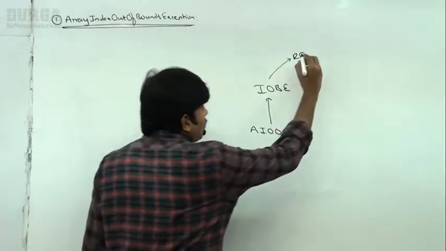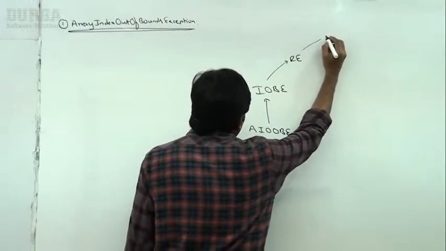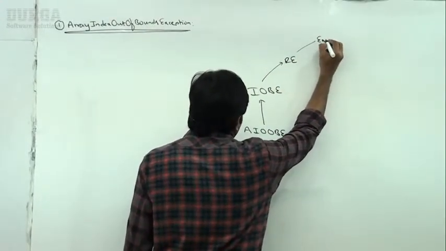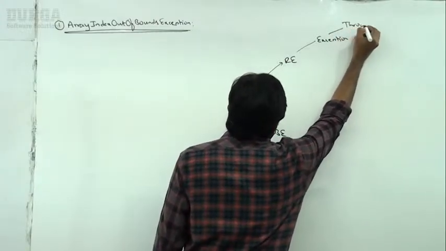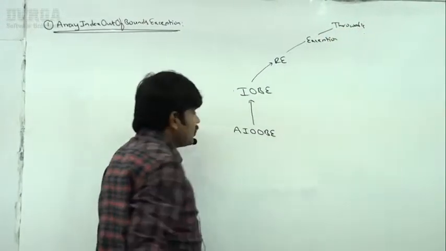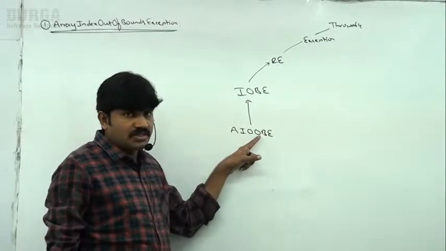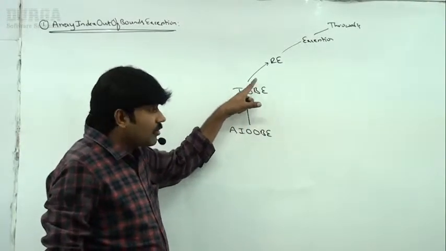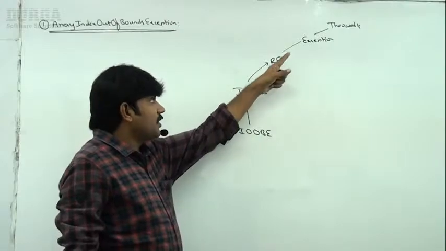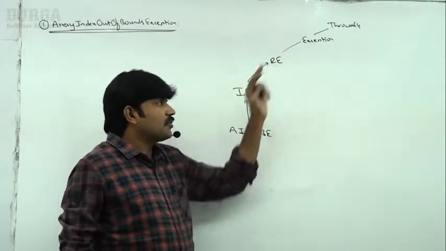Of course, RuntimeException is the child class of Exception, which is the child class of Throwable. So the complete story: ArrayIndexOutOfBoundsException is a child of IndexOutOfBoundsException, a child of RuntimeException, which is a child of Exception and Throwable.